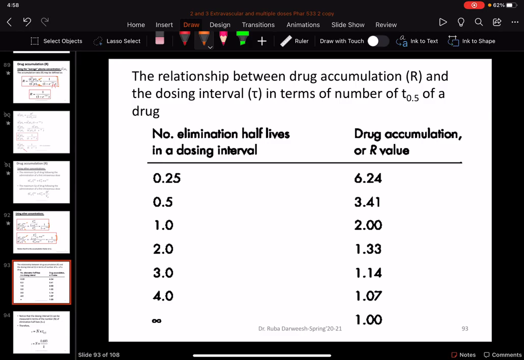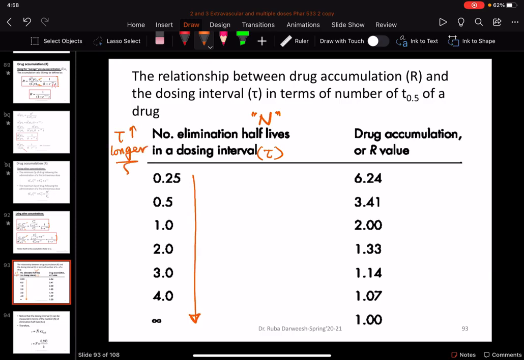And just to remind ourselves, if the number of half-lives, which was represented as capital N in the dosing interval, is increasing, which means that tau is longer.